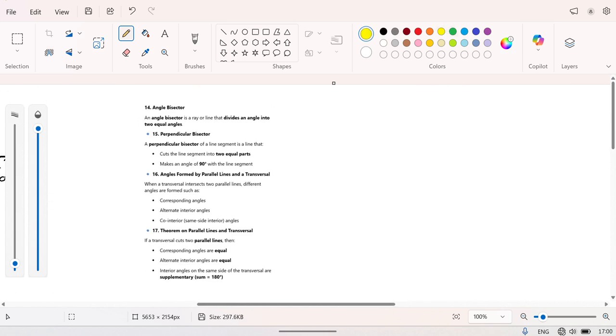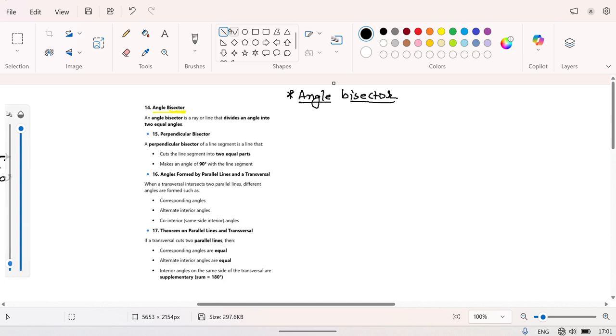Next, the angle bisector. What does bisector basically mean? Bisector basically means the thing which divides another thing into two equal parts. So here the angle bisector is the bisector which divides an angle into two equal parts. Let's suppose one angle.